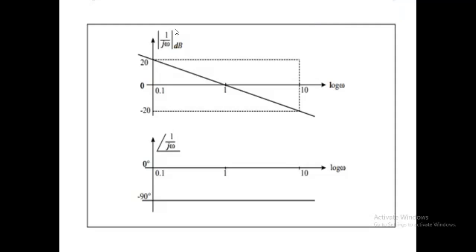The phase diagram for small frequencies also has an asymptote equal to 0 and for large frequency an asymptote of 90 degrees. So the magnitude and phase Bode diagrams for a real zero element are represented in this figure.